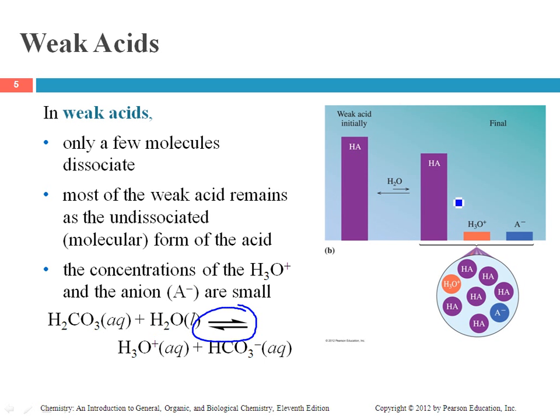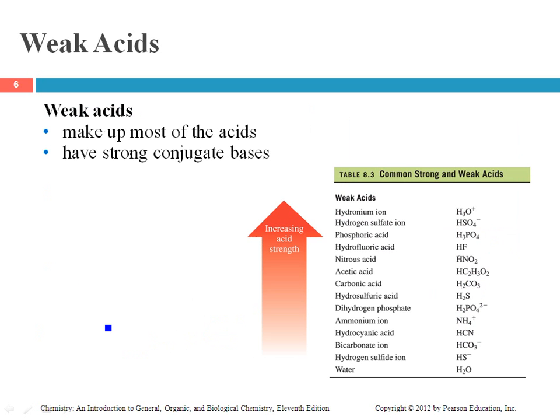But then the majority of these are molecules. So they're HA. They're not ions. They're the acid that you originally started with. So here it would be the carbonic acid. Here's an example of the weak acids, a list of these. Once again, these will be given to you on the exam.